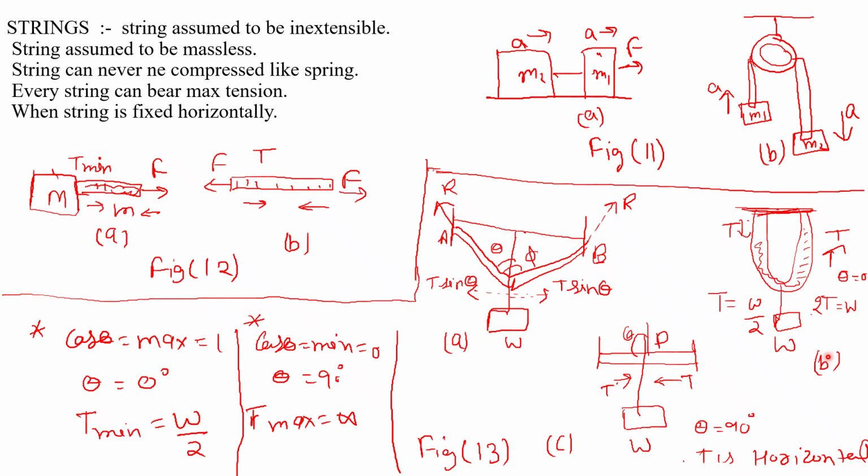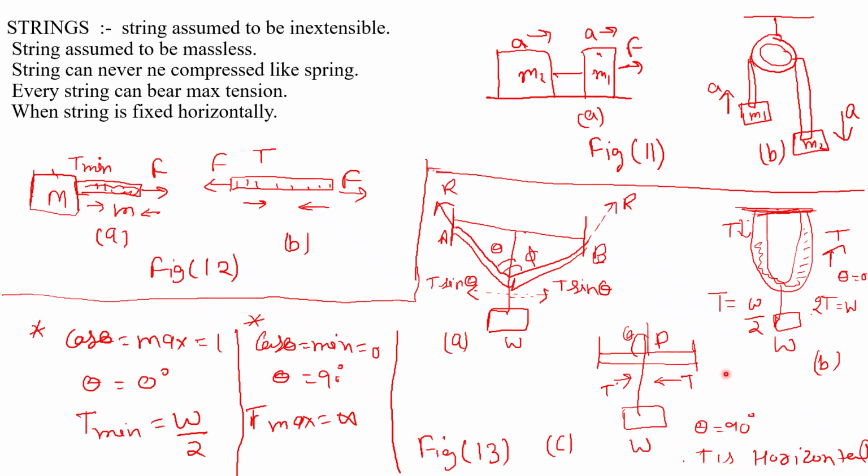Next, we also see here tension in the string will be maximum when cos theta is minimum, equal to 0. That is, theta is equal to 90 degree, and then T maximum is equal to infinity. However, as every string can bear a maximum finite tension, this situation cannot be realized practically. Furthermore, theta equal to 90 degree means that the string is horizontal.